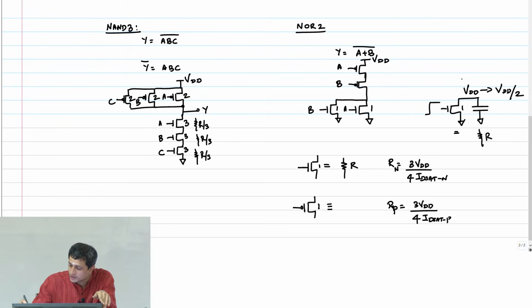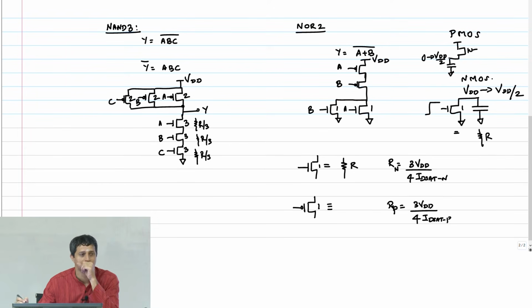For the PMOS, this is NMOS. For the PMOS, it's basically, maybe I should write like this, right, and the capacitor is going from 0 to VDD by 2, because that's the definition of delay for rise time, when the output goes from 0 to VDD by 2.